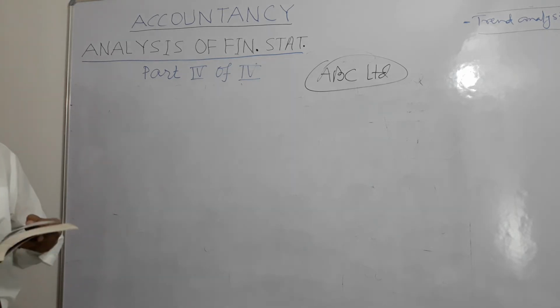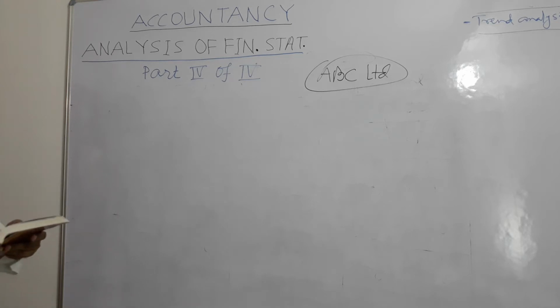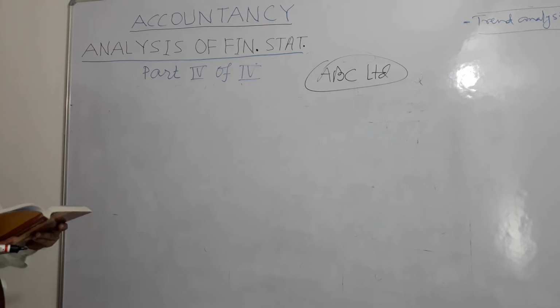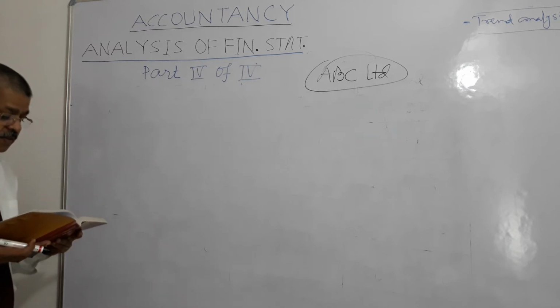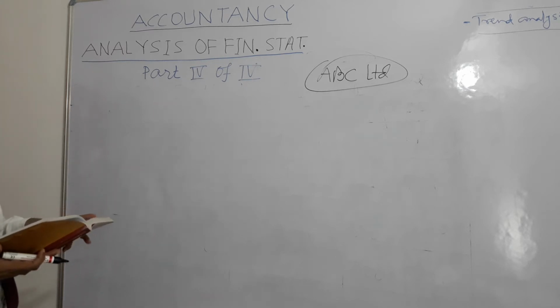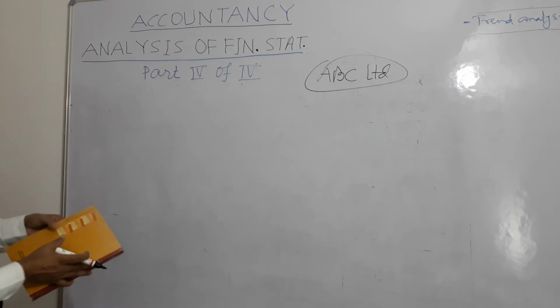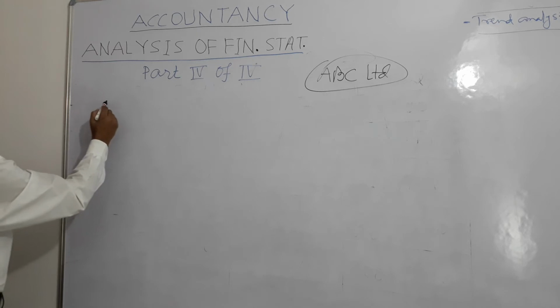Calculate trend percentages, right? So here we need to calculate trend percentages. 10, 11, 11, 12, 12, 13, 13, 14. Okay? So here we will do cash, debtors, stock, other current assets. 1, 2, 3, 4, 5 and 1, 2, 3, 4. 9 columns we need, right?